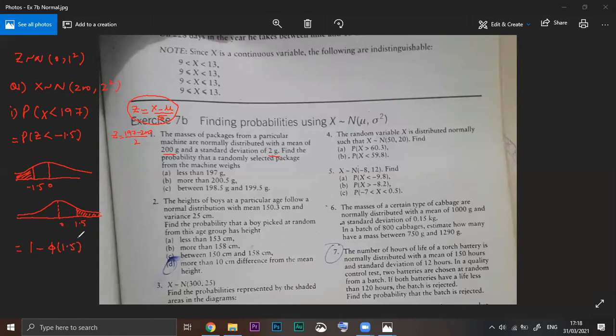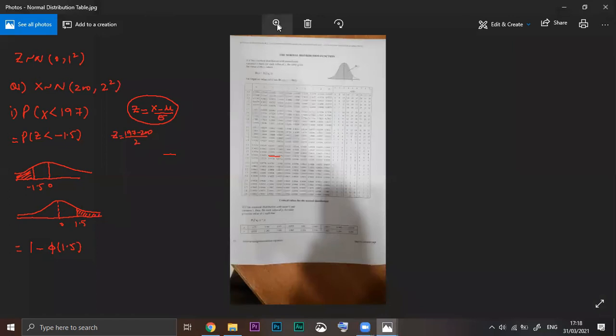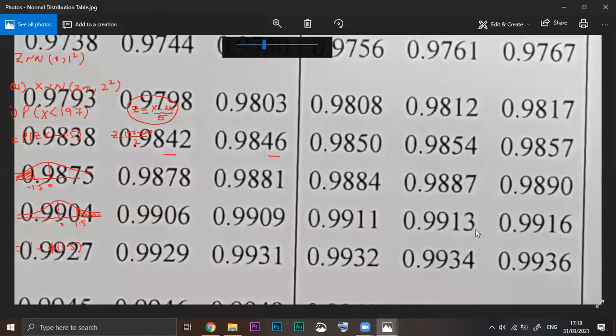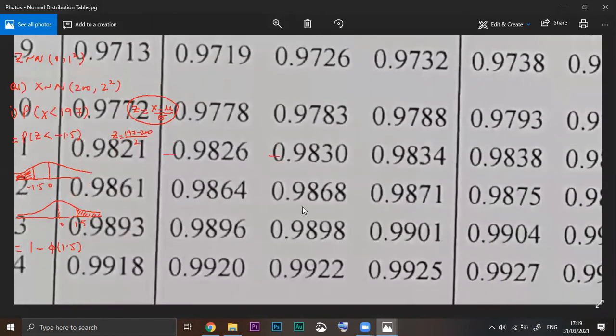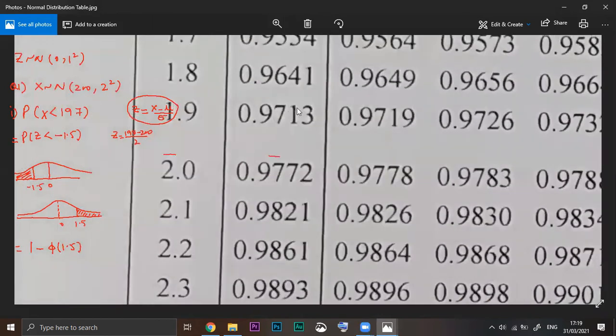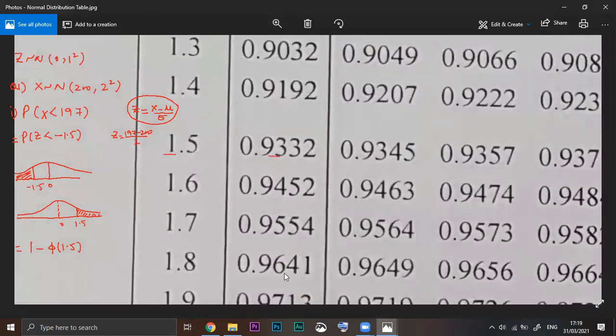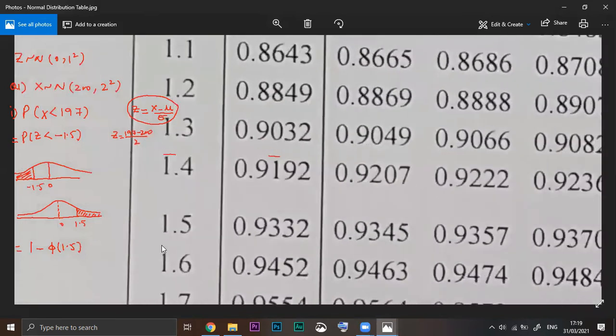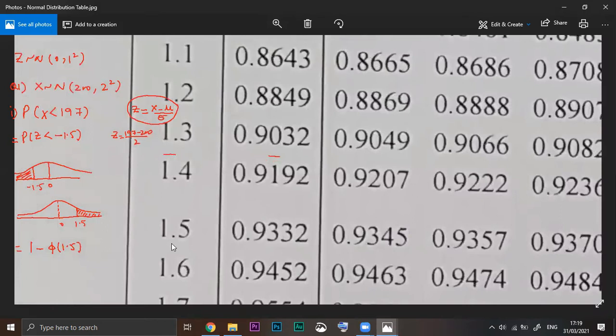Now we will use the table. Look for 1.5 in the first column.